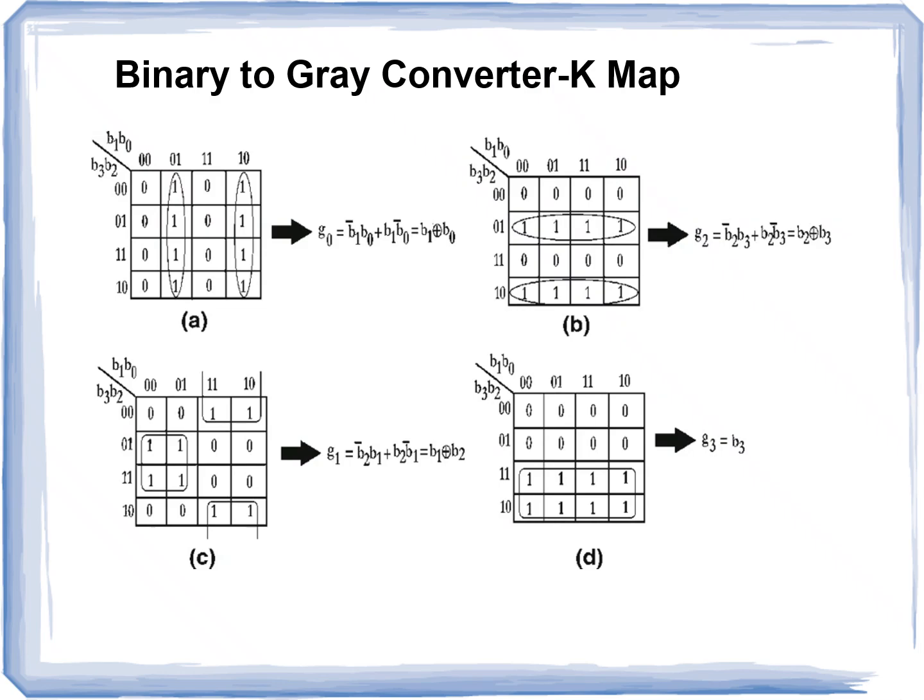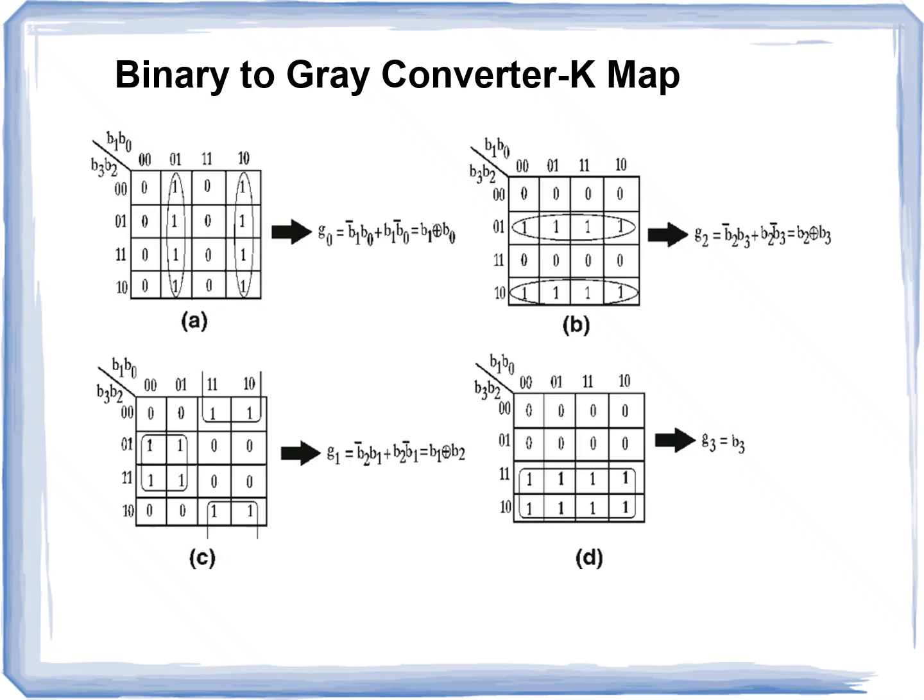Next, for G1, we form the K-map and the output is B1 exclusive OR B2. Next, for G3, the output is B3. Likewise, we got the outputs for G0, G1, G2, G3. So for the corresponding binary values, we got the gray code values.